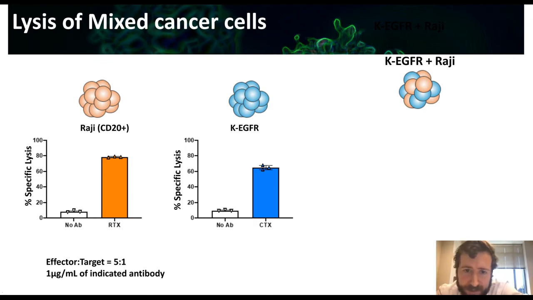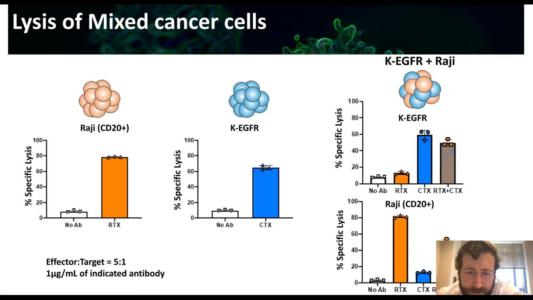So if a tumor has both, for instance, CD20 and EGFR, can we use both antibodies and efficiently target both antigens at the same time to avoid that loss? Or if we had a tumor with pre-existing variation where some cells only had CD20 and some had only EGFR, could we eliminate all of those cells in addition to the ones that have both?